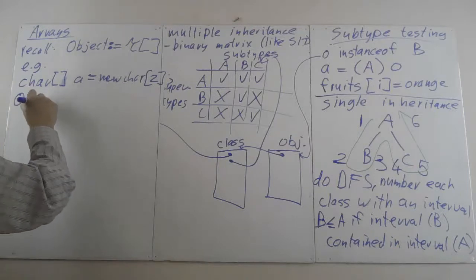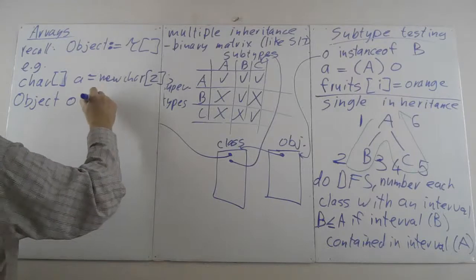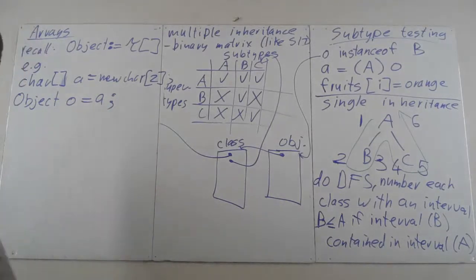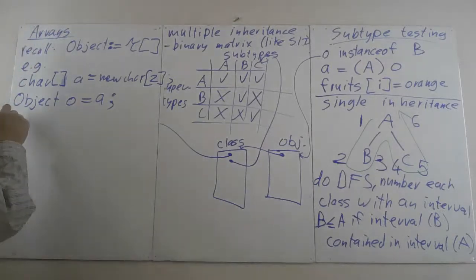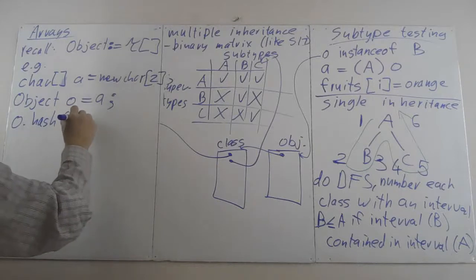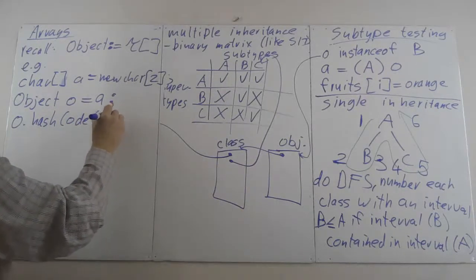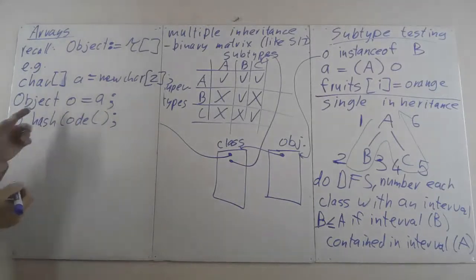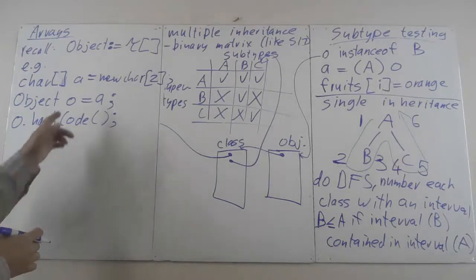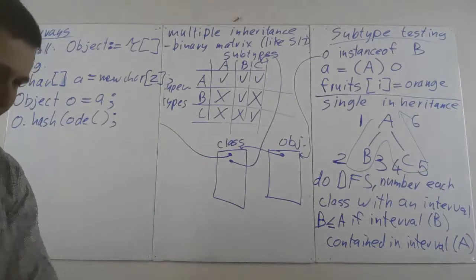But what you can do is you can have a variable of type O, and you can assign A to it, and now you can do all sorts of evil stuff, like call methods on it. So methods of class object. So I can say o.hashCode, and that has to work, right? Even though it's not an object, it's an array, right?